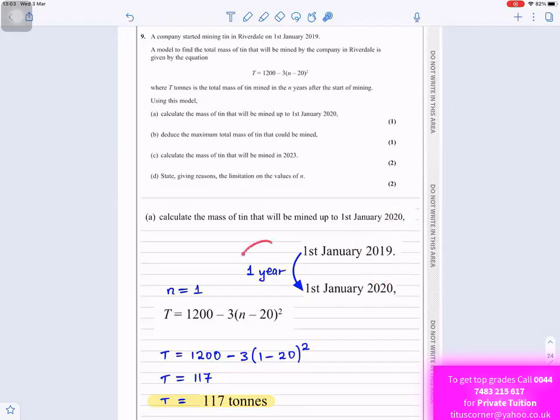The difference is 1 year, so that means n is equal to 1. So we write that expression and put n is 1: 1,200 minus 3 bracket 1 minus 20. Put that in your calculator. It gives us T to be 117 tons. That's what they would extract.